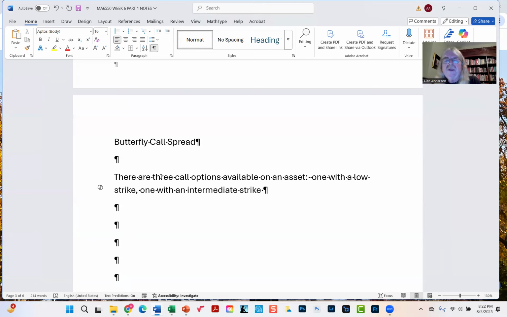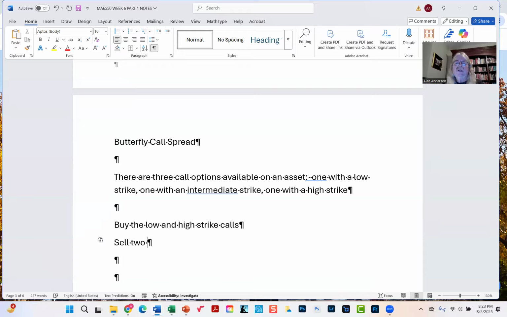And so we'll call them low, intermediate, and high. And then what we're going to do is buy low and high strike calls or options. In this case, we're assuming calls. But then we're going to do something different. We're going to sell two of the intermediate strike calls.